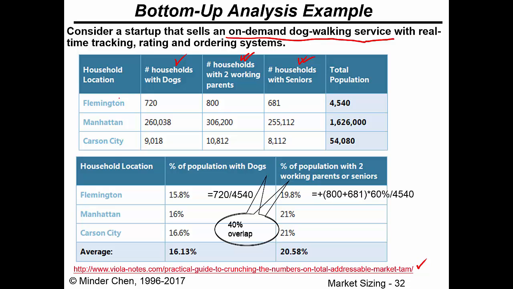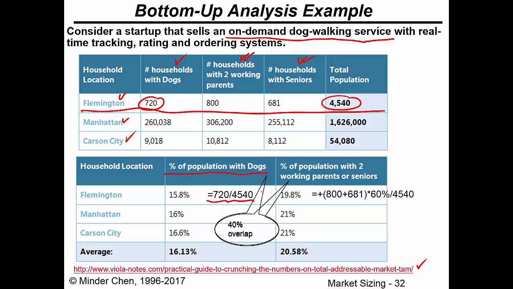So assuming you have access to 3 cities' data, and you collect the statistics listed here in this table. Let's just use the Flemingtons as an example to do some calculation. The percentage of population with a dog is really this number divided by the total population.